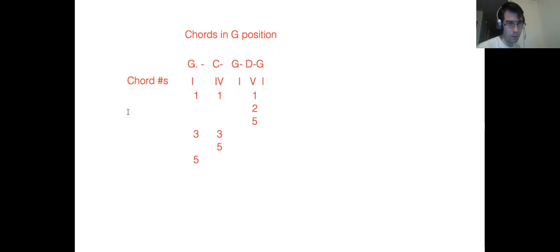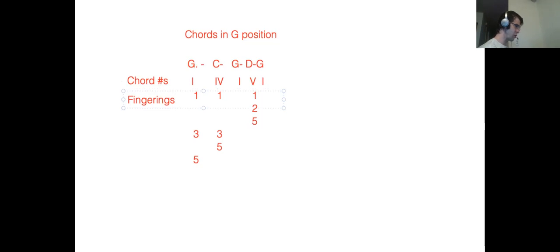These are fingering numbers. Okay? So those are your chords, those are your cadence chords, and your fingerings for the G position.